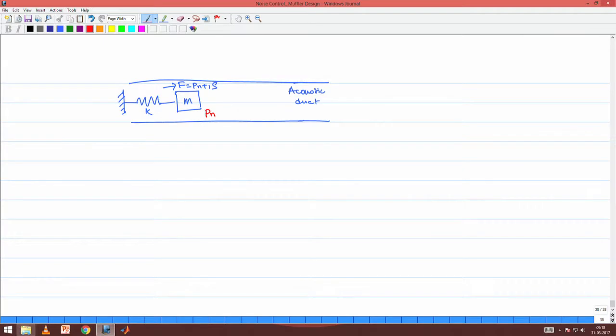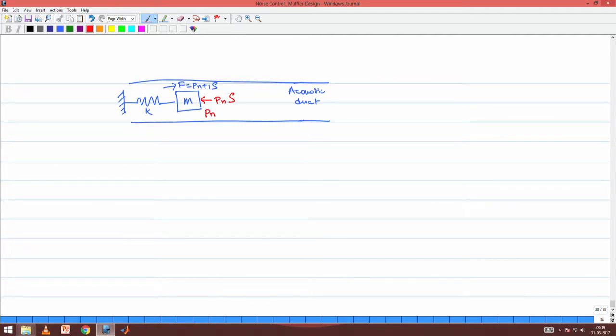So, we are working in terms of pressure and mass velocities, that is why we are flipping between force and velocities in the discussion. But the point is, on the right side now, instead of a vacuum situation, you have an acoustic fluid contained in an acoustic duct, then on the right side of the mass you are going to get an acoustic pressure, and that acoustic pressure in turn will hit the mass also, right.